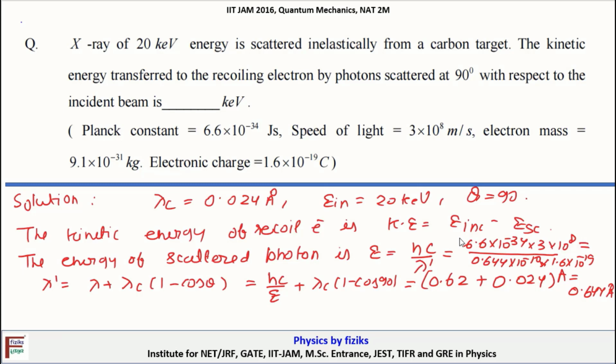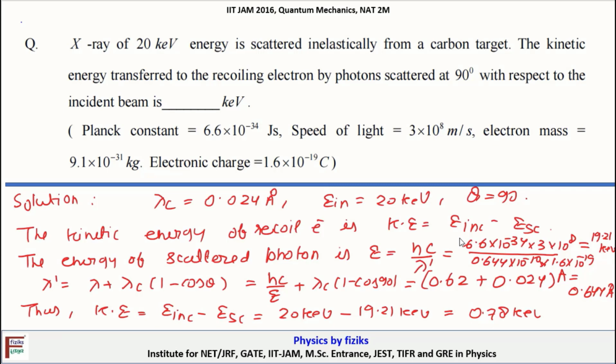Solving this, we will get 19.21 keV. Thus, kinetic energy of recoil K equals E incident minus E scattered equals 20 keV minus 19.21 keV equals 0.78 keV. So the answer is 0.78 keV.